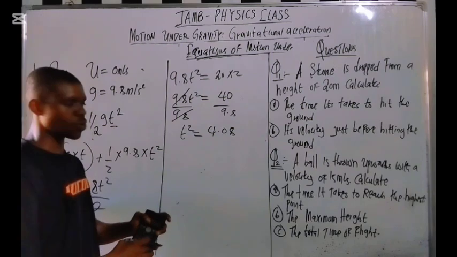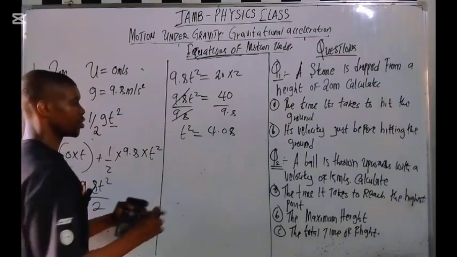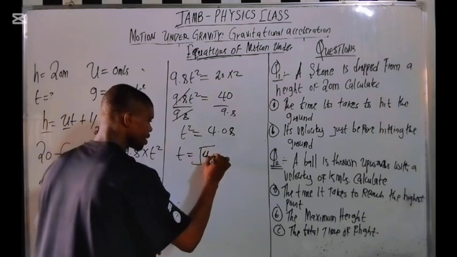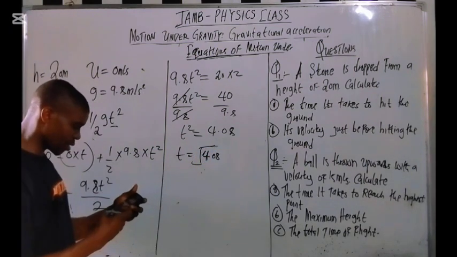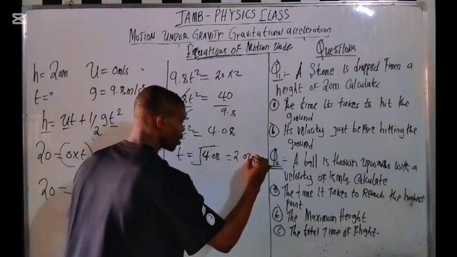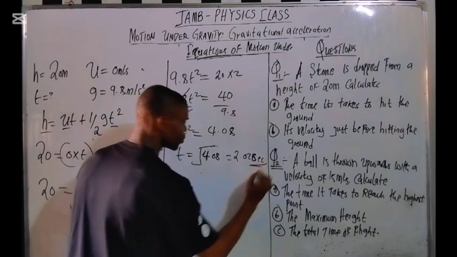Take the square root of both sides to remove the square. So t equals the square root of 4.08, which is 2.02 seconds.